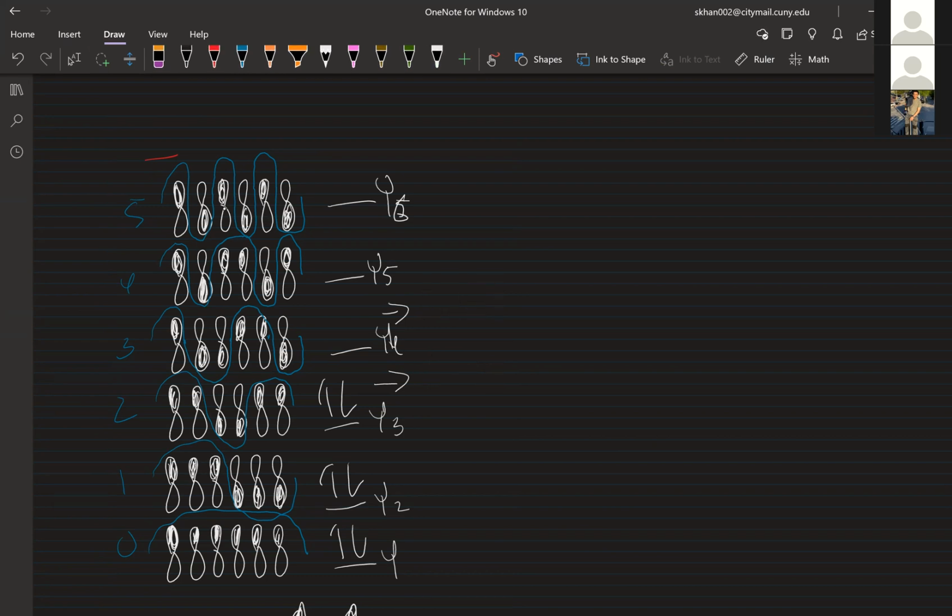For some reason my eraser wasn't working. We wanted to show what would happen if you photochemically excited this.